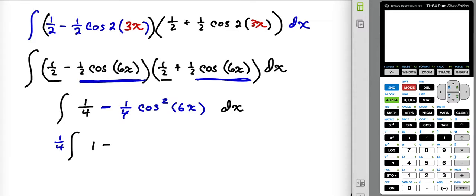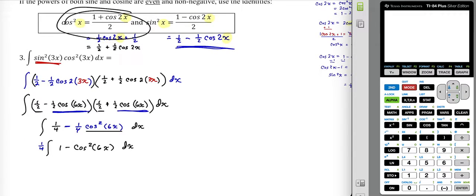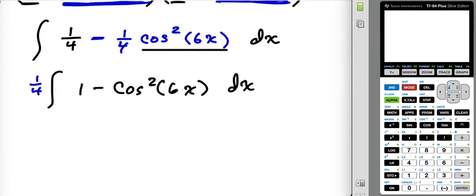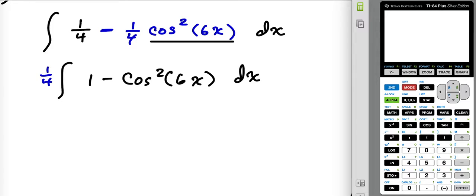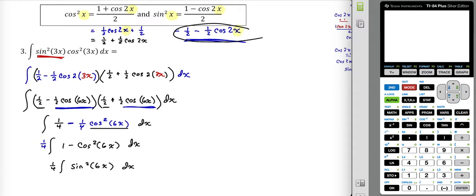That would give us 1 minus cosine squared 6x dx. Now this is one of those things where you ask, is this a necessary step? I could make a substitution right here using this rule, or I can use a Pythagorean identity to make this sine squared of 6x and use this rule.